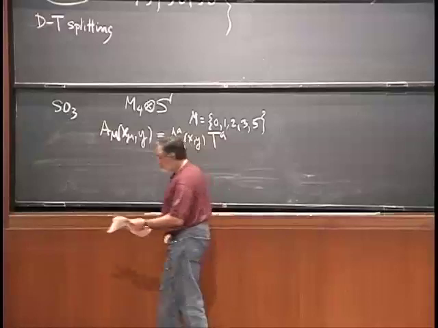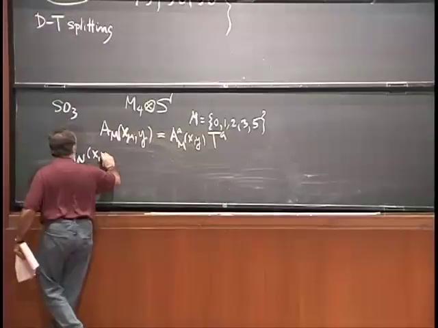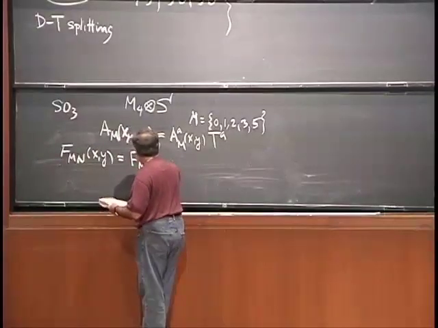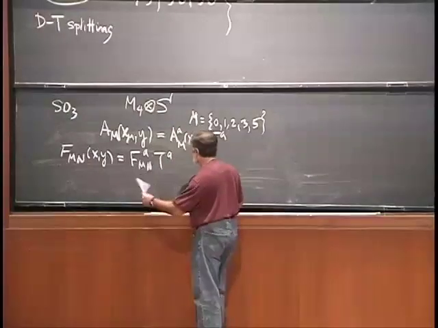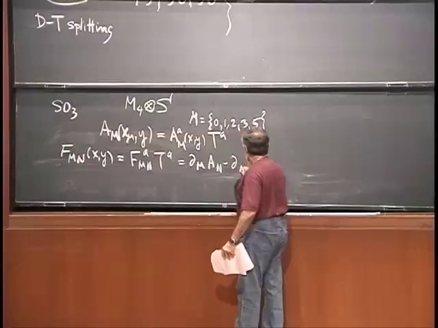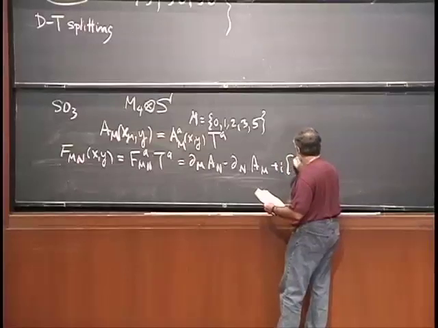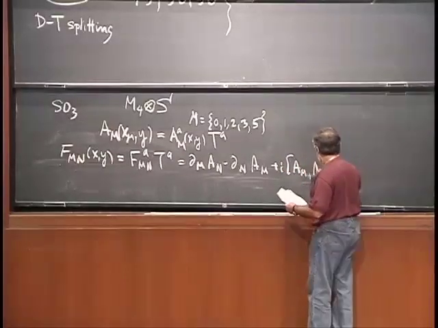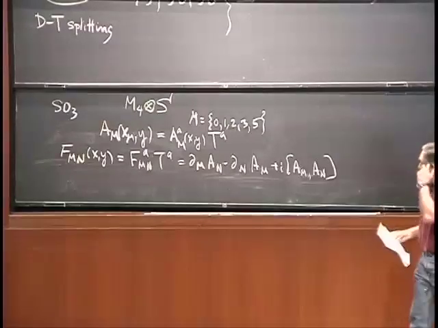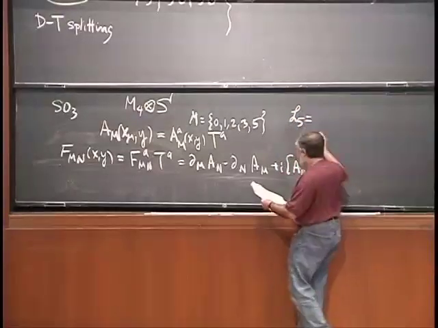The field strength for this theory, F_MN, is also a function of x and y. Also written as a matrix. Okay, so that defines the field strength for the theory, and the Lagrangian finally is given by the following. It's a 5-dimensional Lagrangian.